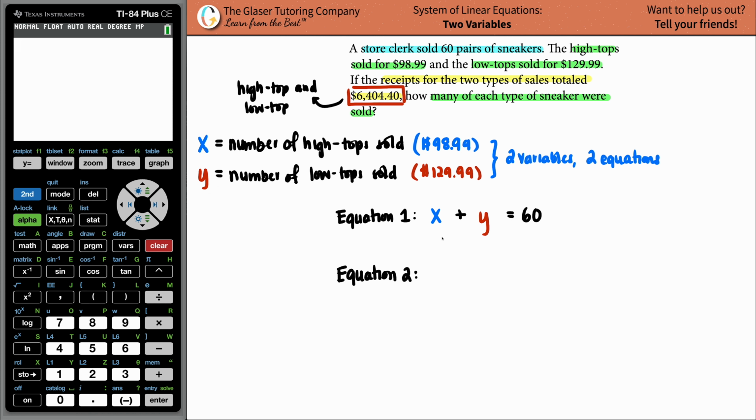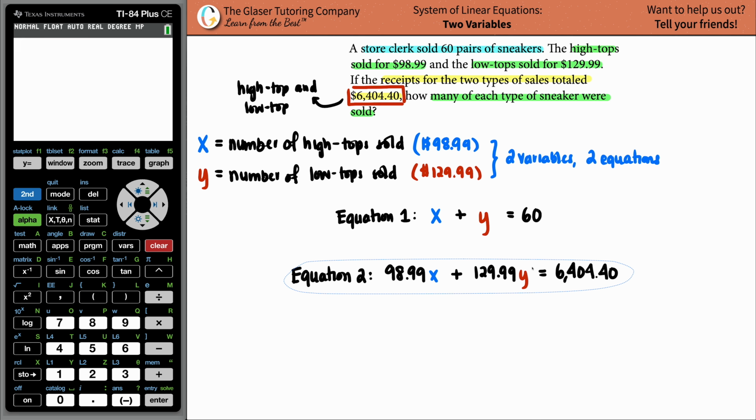We take the 98.99 and times it by how many high tops were sold. That's going to give me the total price for the high tops, plus, what do you guys think? Yeah, the $129.99 times how many low tops were sold. And we know that the total of both of those was $6,404.40.